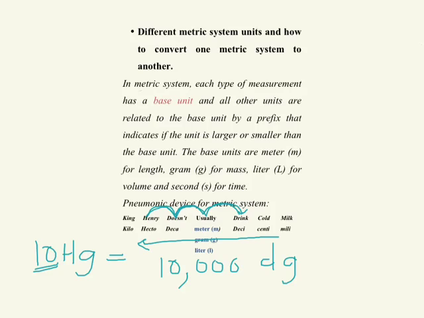On the other hand, when you're going in a backward direction, in the reverse direction, are you still going to multiply? No, you're going to divide. For example, let's say you have 10 centigrams. How many grams is that? Where is centi? Centi is here, and where are grams? Here.